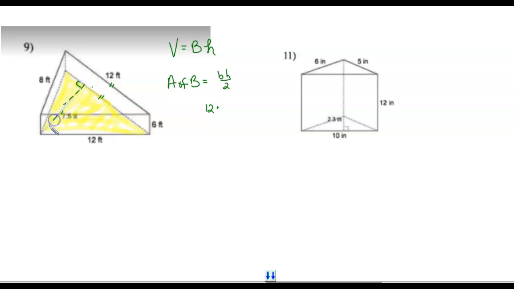So my height of my triangle is going to be 7.5. And then I'm going to divide that by 2. So I'm going to take my 12 times 7.5, and that gives me 90. And divide 90 by 2, and I get 45. So the area of my base is 45.